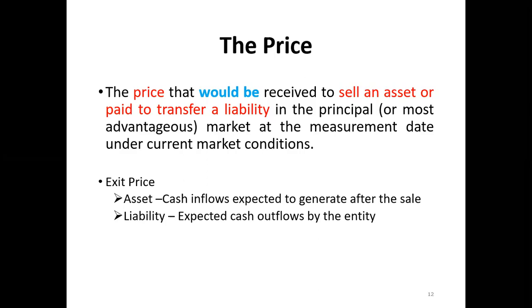And also it's a hypothetical transaction. That's why we are using the word would, right? And here it talks about the principal market or the most advantageous market. We'll come to that later. Forget about that for the time being. Just think about it as the price that would be received to sell an asset or paid to transfer a liability in the market, at the measurement date under current market conditions. That is another important thing, right?